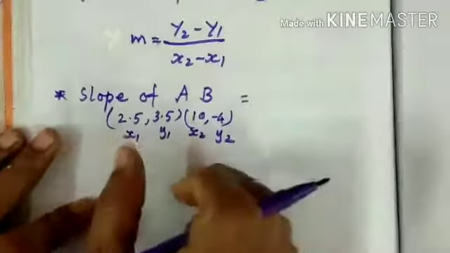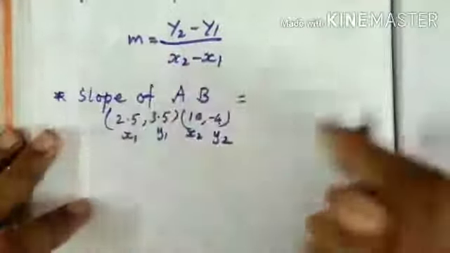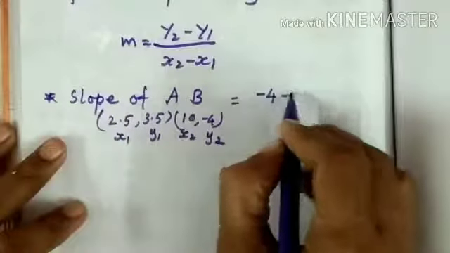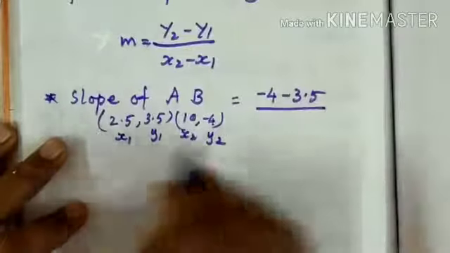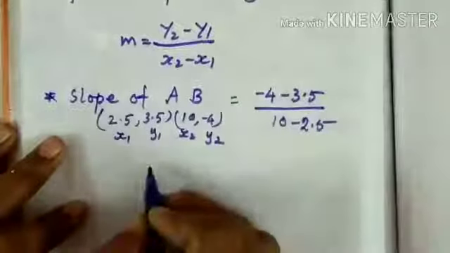Now you have to apply these points in the formula, means we get (y2 minus y1) minus 4 minus 3.5 by (x2 minus x1) 10 minus 2.5.